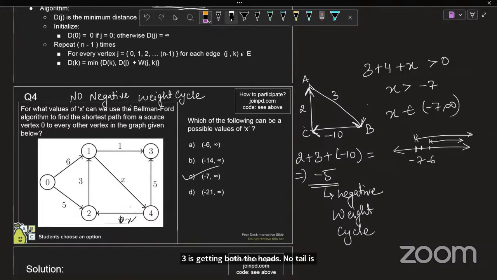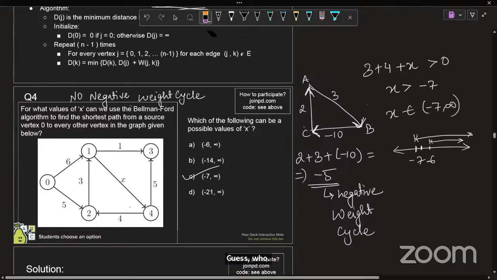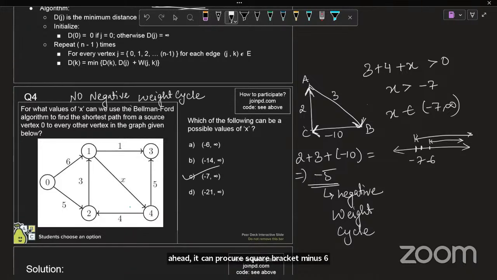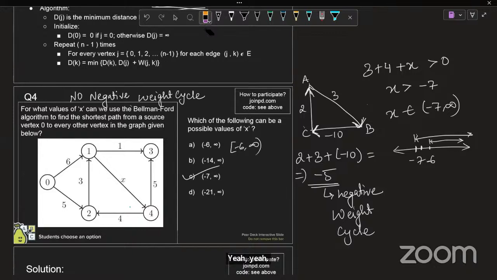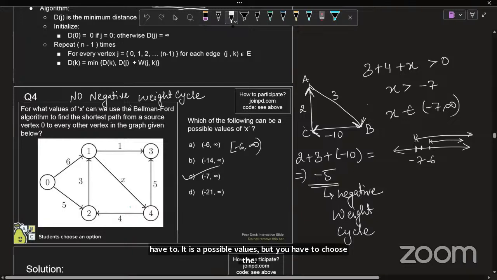Okay, sorry, sir. If option A has a square bracket, can it be a possible square bracket -6 to infinity? No, it is not possible. Why, sir? It is a possible value, but you have to find all the possible values.